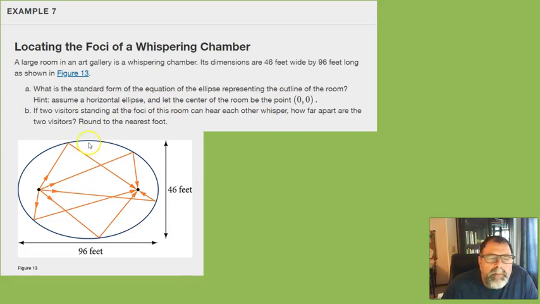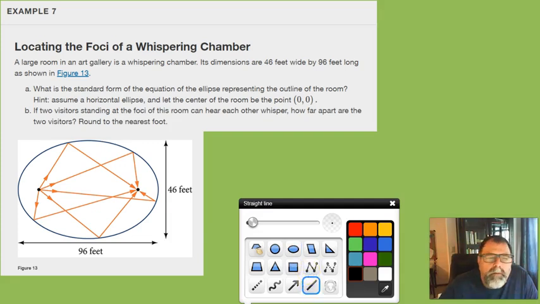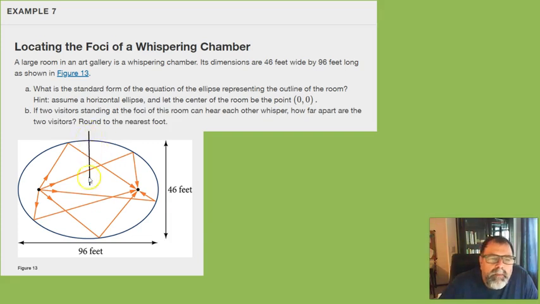Okay, so we're going to kind of think of it this way. Okay, so the center is going to be 0, 0.